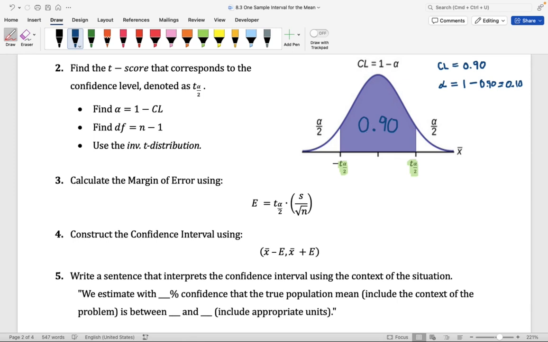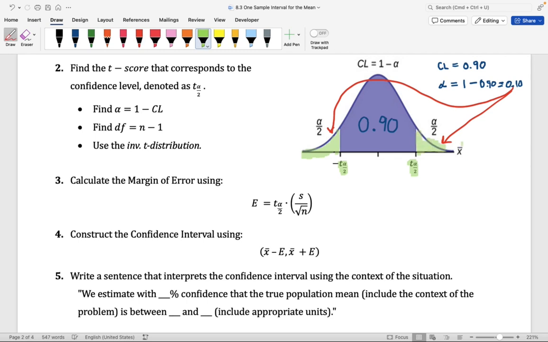So we're saying we want to capture 0.90 of the area here in the middle. To find this t-score, we're going to need the area to the left of that t-score. Okay? So we need to know what the area here on the left is. Now, alpha, which is 0.10 in our example here, is going to be the area on both of the tails, the tail on the left and right.